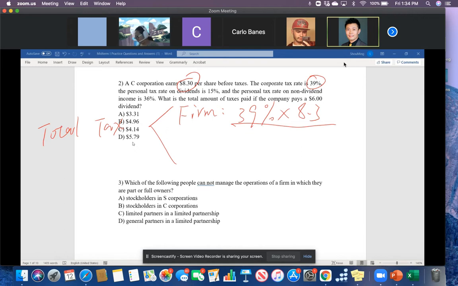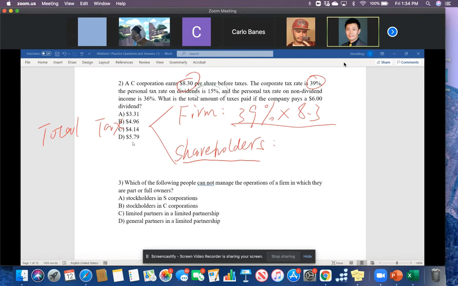Since it's a C corporation, the second time you need to pay tax is at the shareholder level. Again, since it's the shareholders, you need to pay tax at the individual level, at the personal tax rate. Since this income is the dividend income, you need to use this rate.